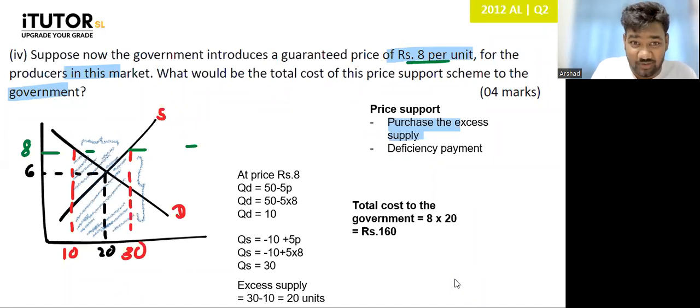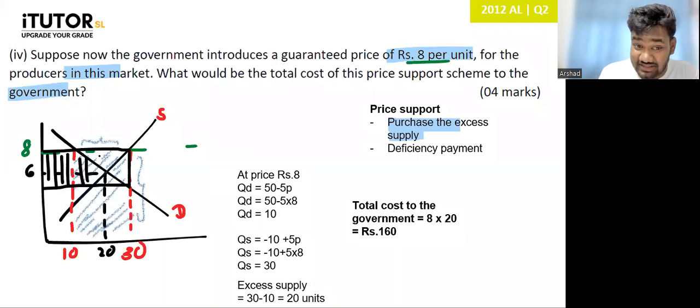How many of you know how to find it? That is something I will let you do for homework. I'll tell you, the cost to the government will be this area, the area of the deficiency payment. So you need to find what this price is, and then this one into 30, you can find the deficiency payment.